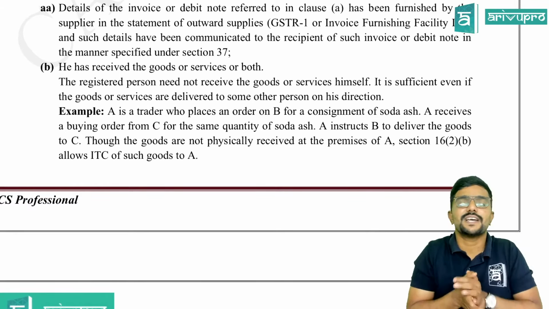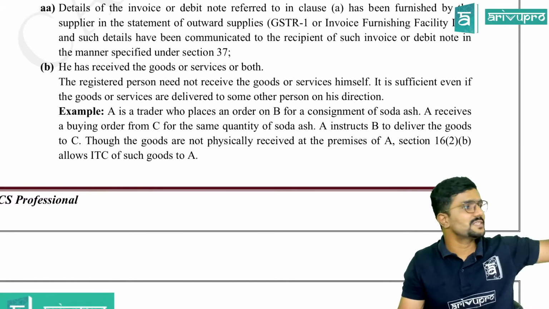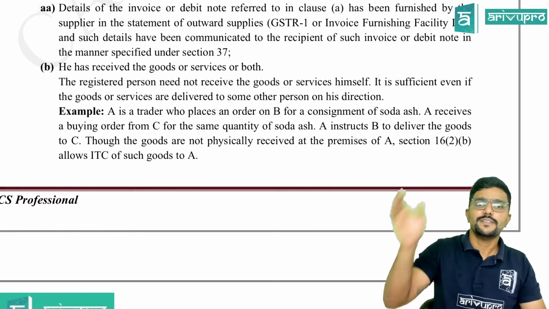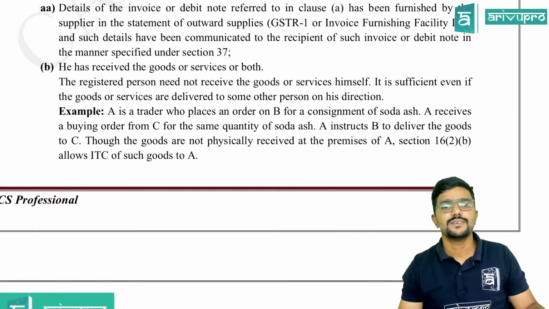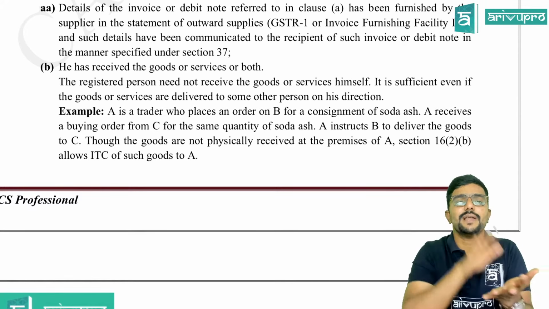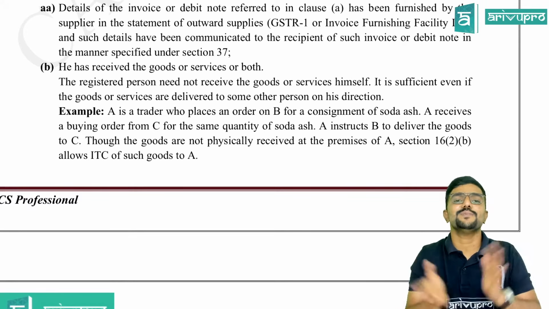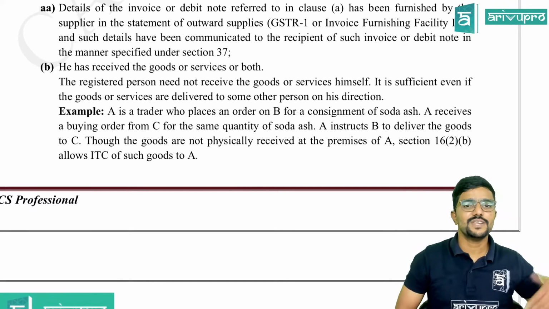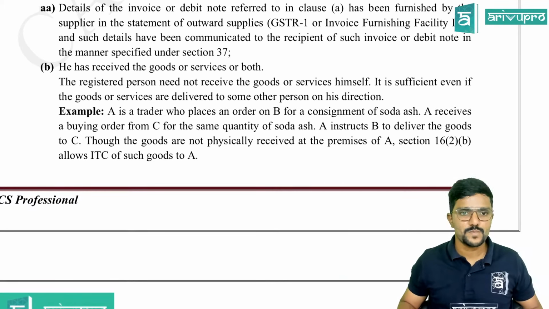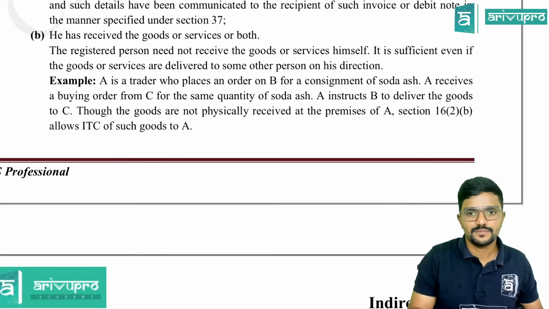But under GST, they cannot do it, because only when one person has told that, sir, I have paid this much tax to the department, will they give the credit to the recipient. If the government has not received the tax, or if there is no outward supply, then the recipient cannot claim the input tax credit of that. Because if there is no outward supply, there is no question of inward supply for the other person. Very interesting point actually.